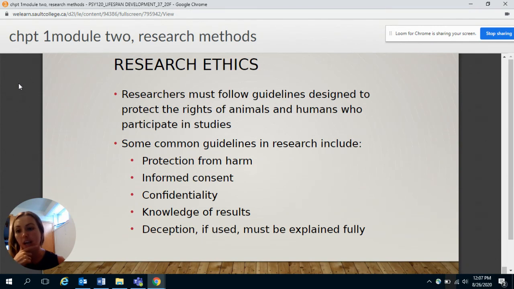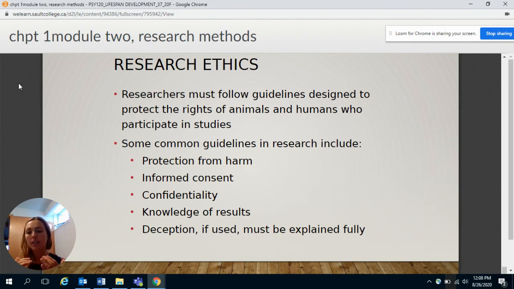Informed consent means that you have to let the individual know what they're signing up for. So you can't tell somebody that they're signing up for a study that's going to study their classroom habits and their grades, and then actually measure how their physical appearance influences their social media use.